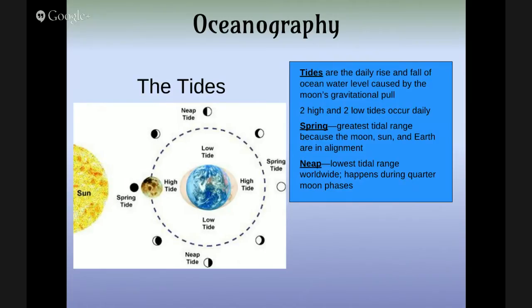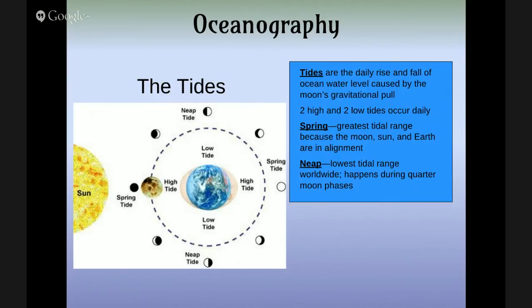We also know that the sun causes the tides as well, but because the sun is so far away, it definitely has less of an effect than the moon does. Ocean water level caused by the moon's gravitational pull causes 2 high tides and 2 low tides every day.